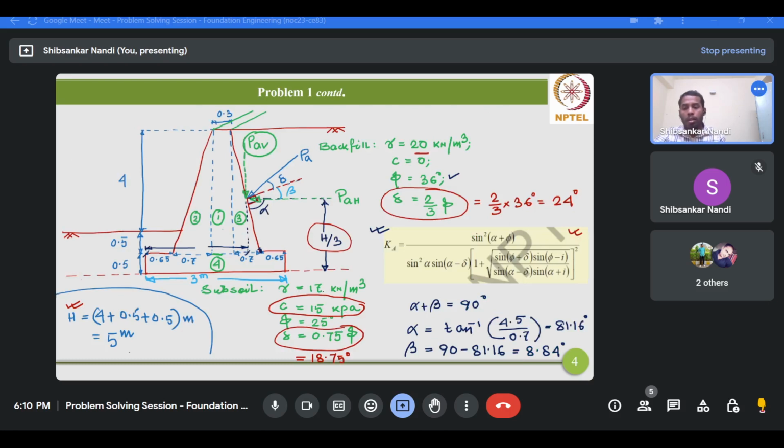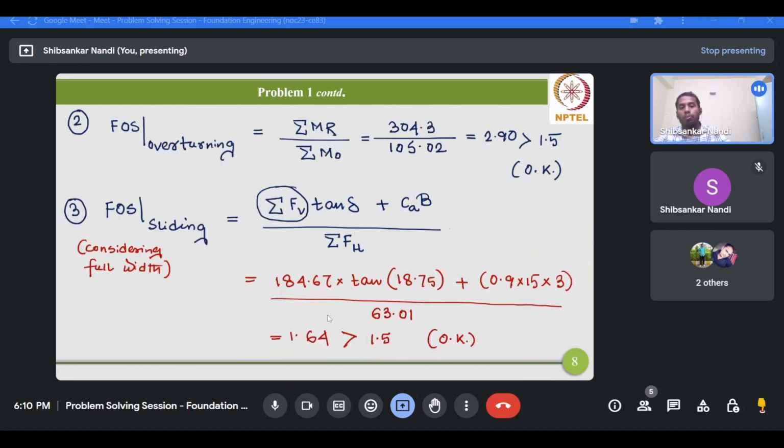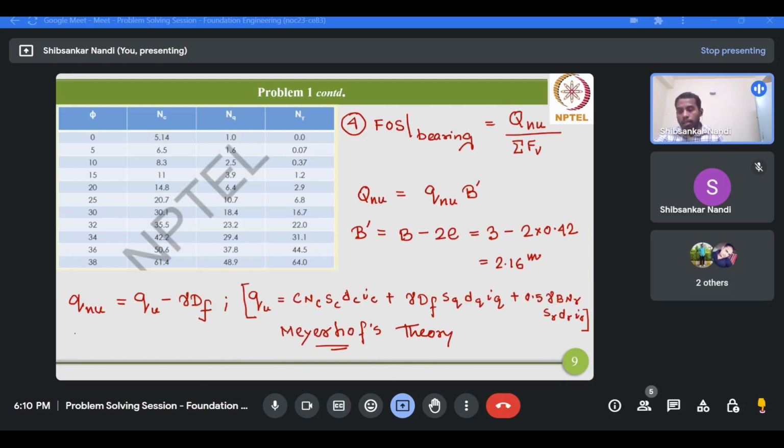Gamma is 17 kilonewton per meter cube, and phi is 25 degree, the shear strength parameters of the subsoil.